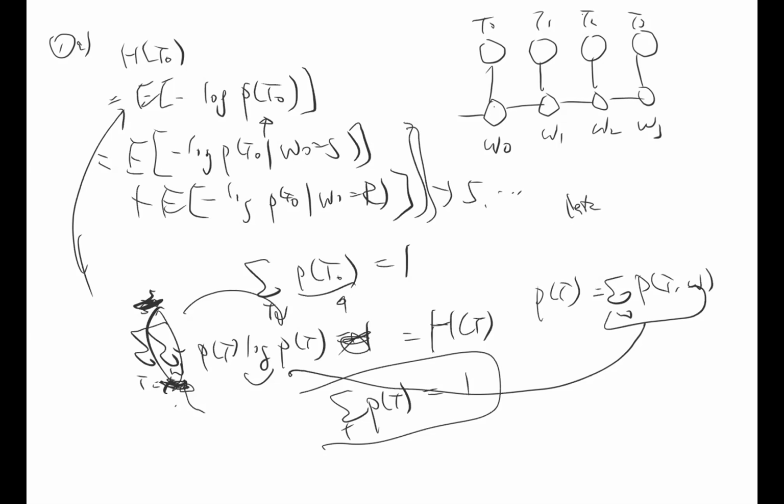Yes. I mean, for P(T0), when you sum over all the temperatures, it should sum up to 1. So, okay, let me share the screen instead, which could be more helpful.